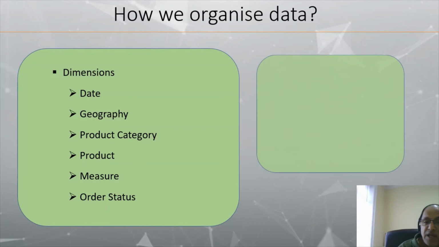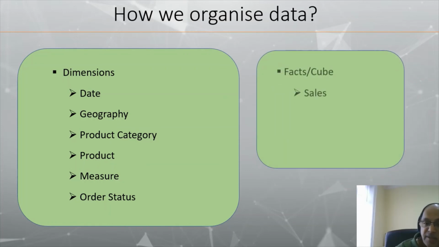And the facts will be stored in a fact table, and the name of that fact or cube is sales. So now we have come to the end of this module, and in the next module we will see how we can get all this data in this organized fashion into Microsoft Power BI. That will be the subject of our module 2. Till then, thank you.